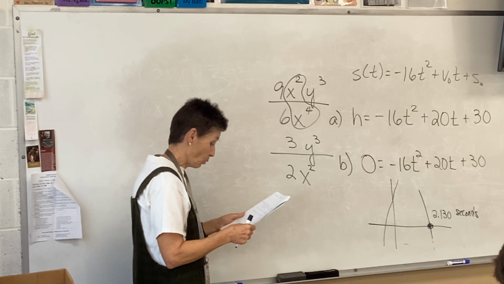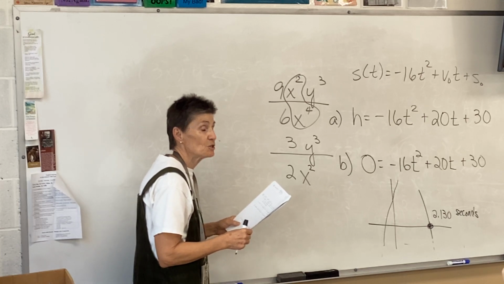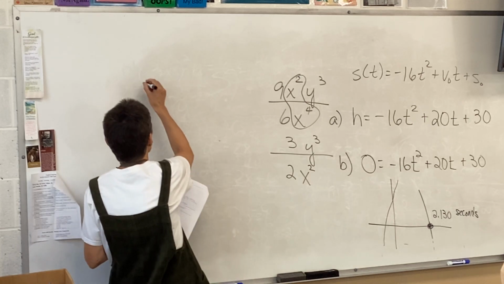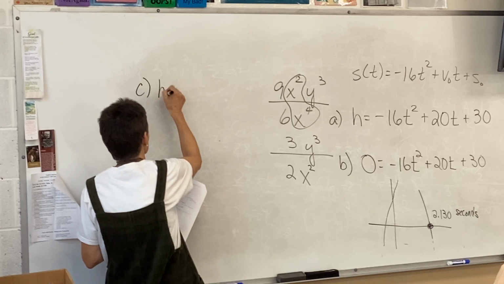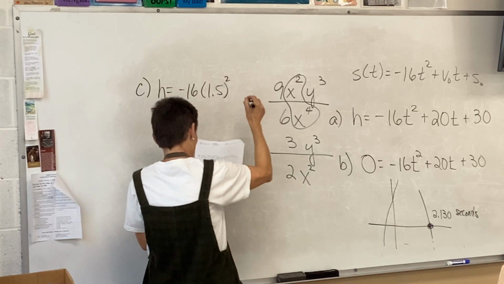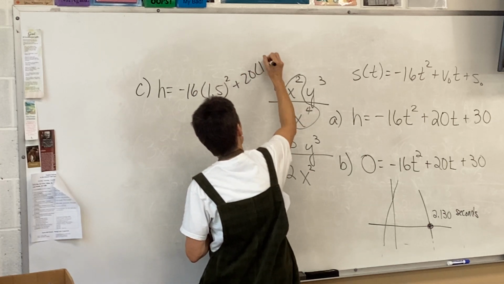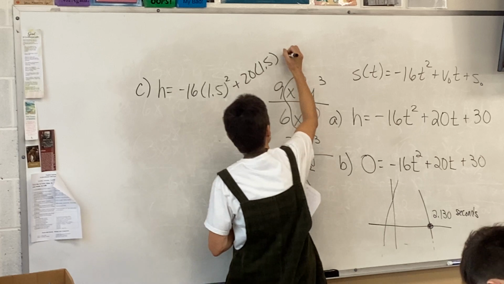I do something with the 1.5. What do I do with it? It's right for the t. Put it in for the t. And Jared, why am I putting it in for the t? Because it's the time. And t is time. So I'm gonna put negative 16 times 1.5 squared plus 20 times 1.5 plus 30.